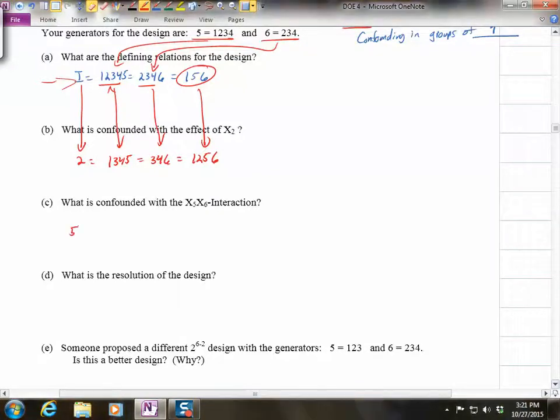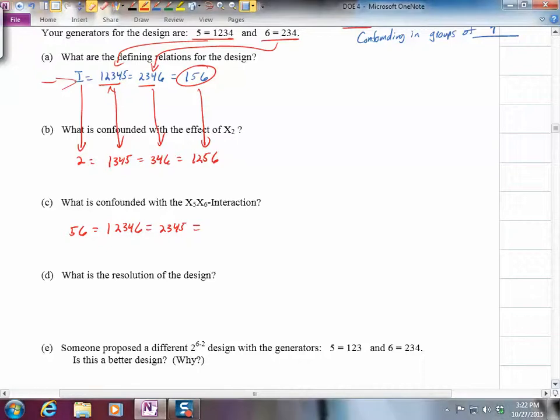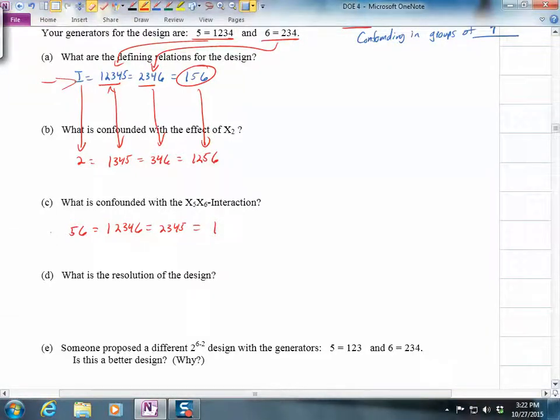And the 5, 6 interaction: 1, 2, 3, 4, 5 drops out 6, 2, 3, 4, 5, and 1. Does that look right? Looks right to me.